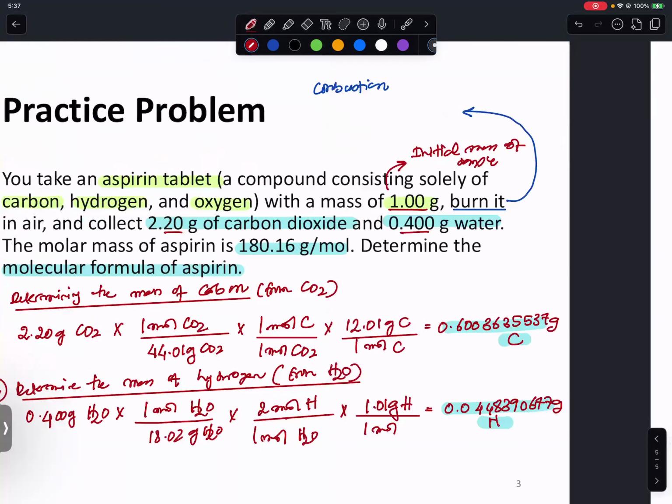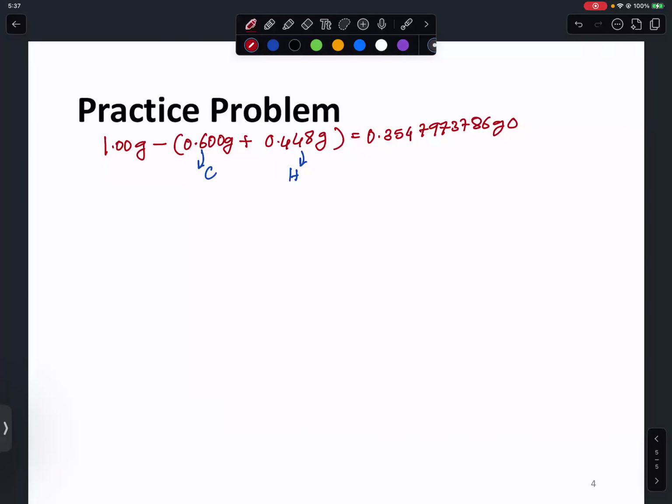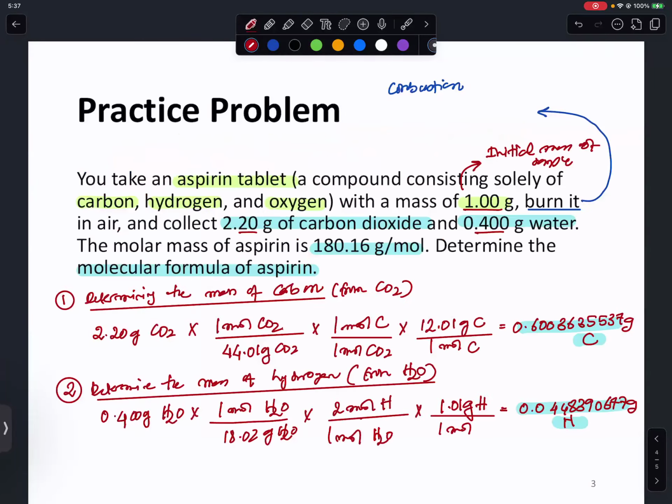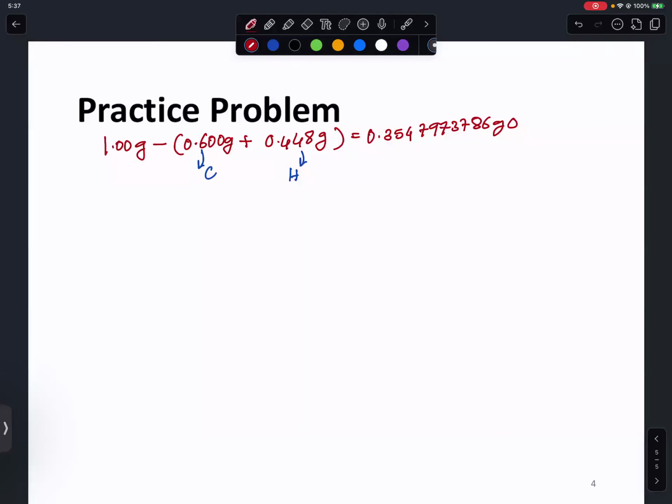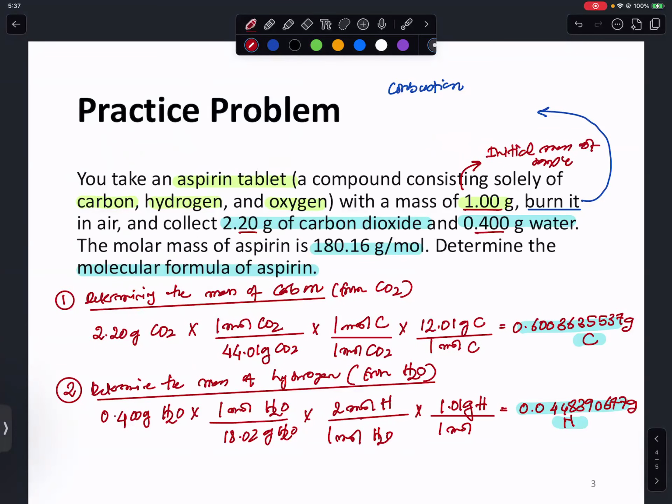So I will take the 0.600. I want to check again the 0.600. I think it's 0.600. I'm double checking it on my calculator.